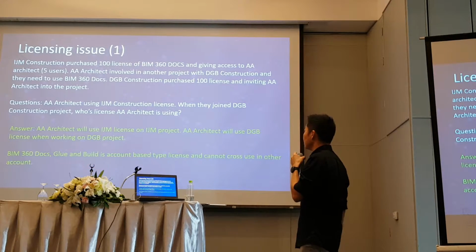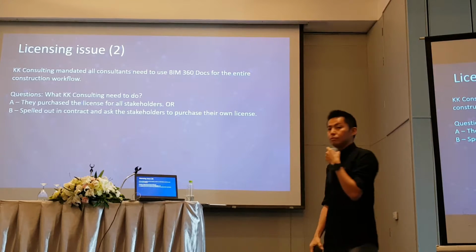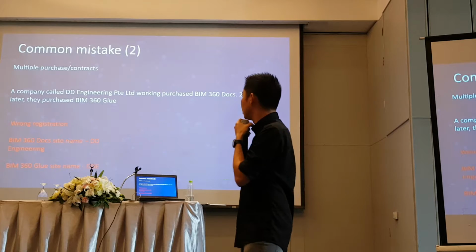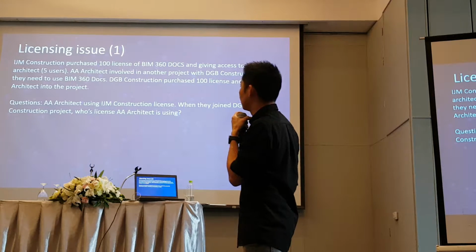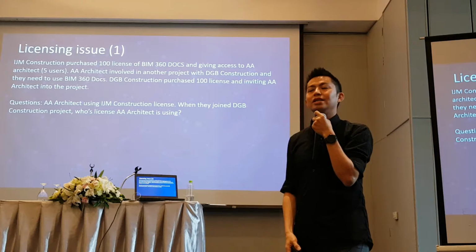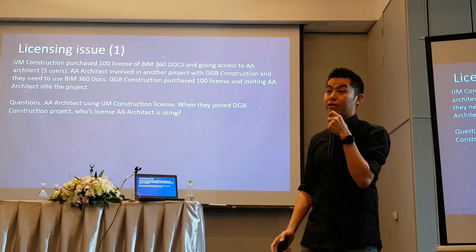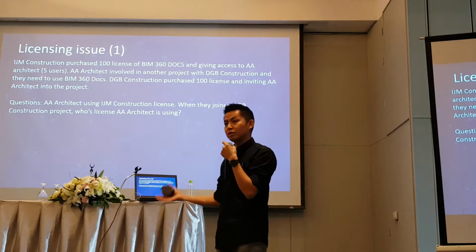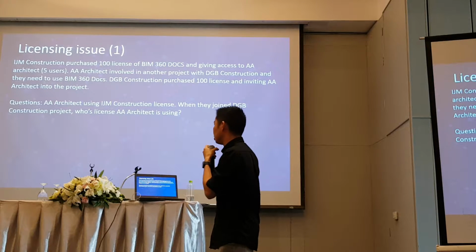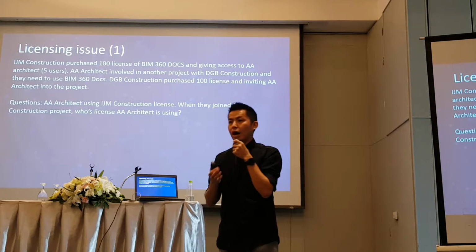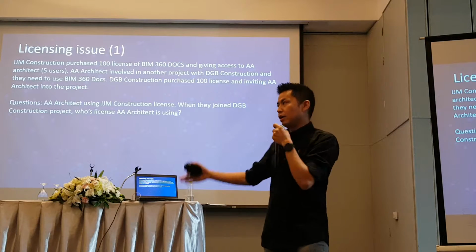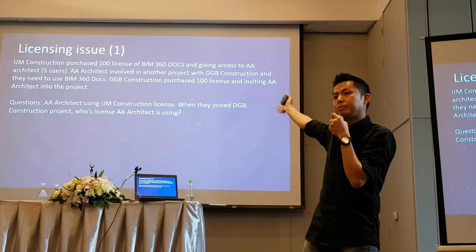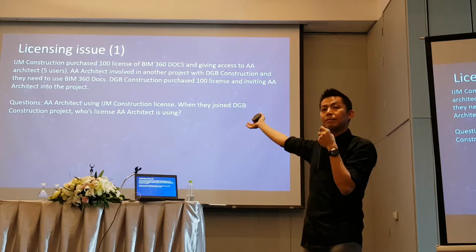Now, all the AA architect, that means that they use 10 licenses. We don't tell the customer that we're using 10 licenses. We tell the customer, look, you're using one for IGM, you're using one for DGB. Now, our judgment here is, if AA architect can use IGM license for DGB project, it's not fair for IGM.